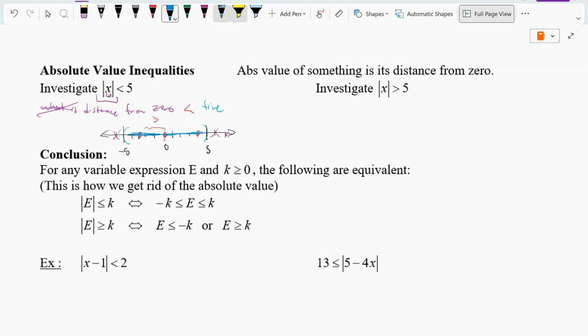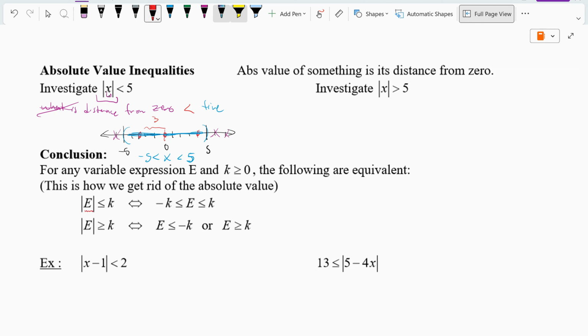Okay, but I'm not going to just have an x in the middle. I'm going to have a whole bunch of other stuff. If x is in the middle, then I would just say x is between 5 and -5. Are there any questions about this? If the absolute value is less than a positive number, we're saying that expression is between +5 and -5.